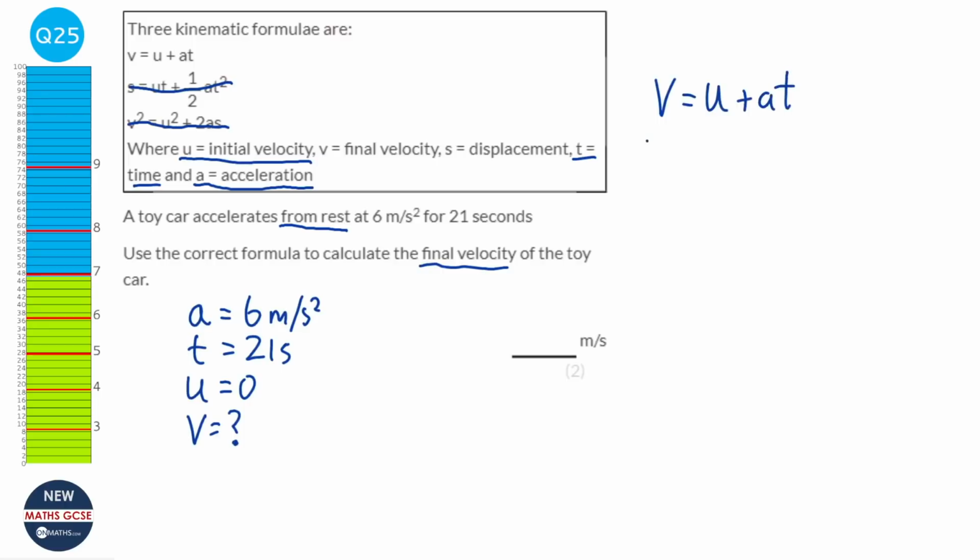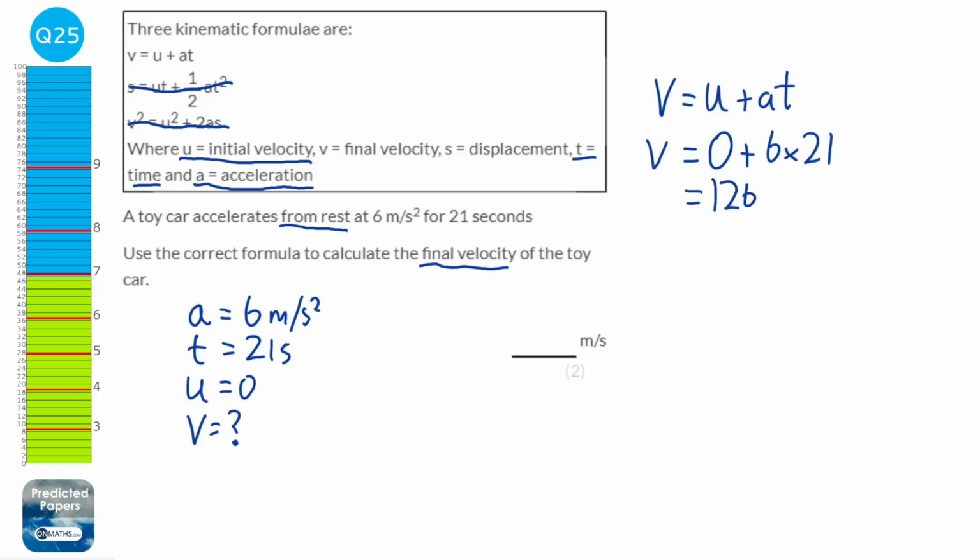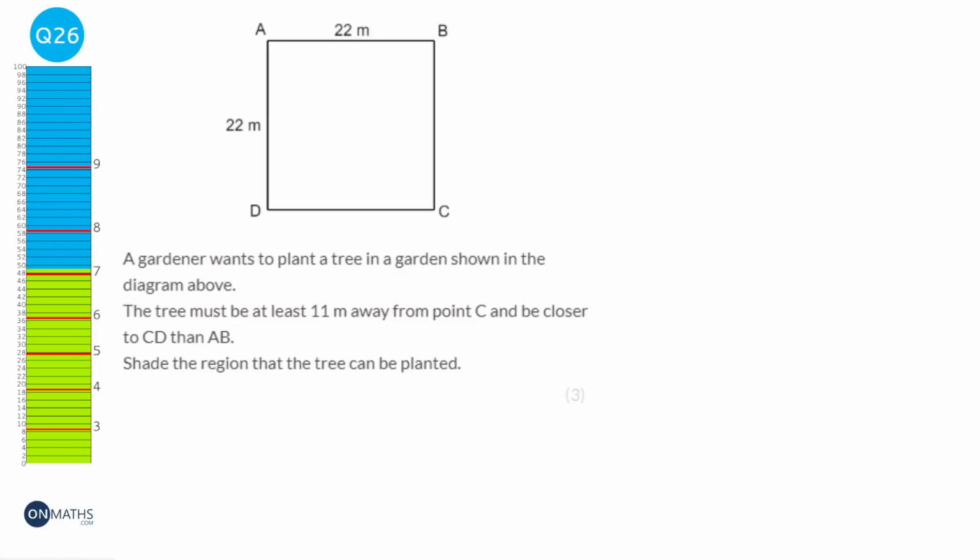And we're looking for v, so I'm going to keep v as a v. u is 0 plus a, which is 6, times t, which is 21. 6 times 21 is 126. Obviously 0 plus 126 is just 126. The units are meters and seconds throughout, so it's going to be 126 meters per second.